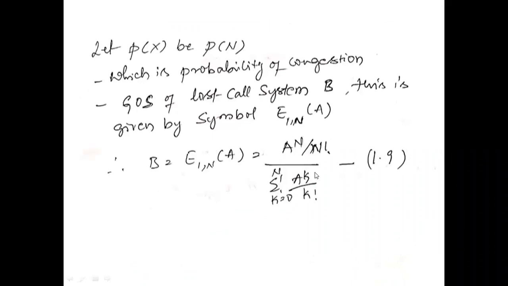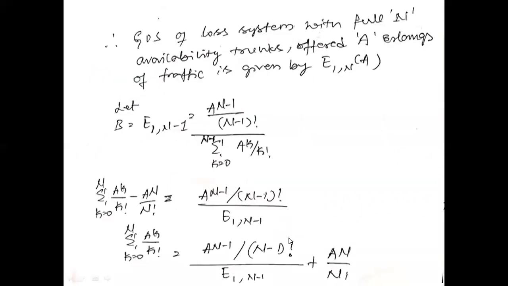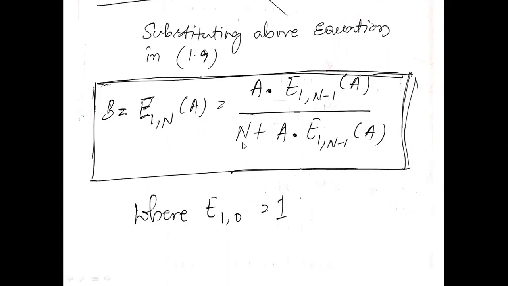If you take the definition that we have derived recently for the term a power k over k factorial between the interval 0 to capital N, and plug it into equation 1.9, then simplification of one or two steps will result in this equation.